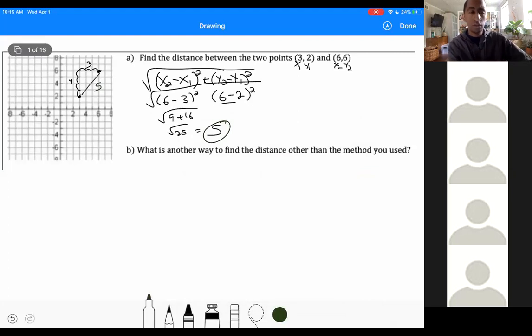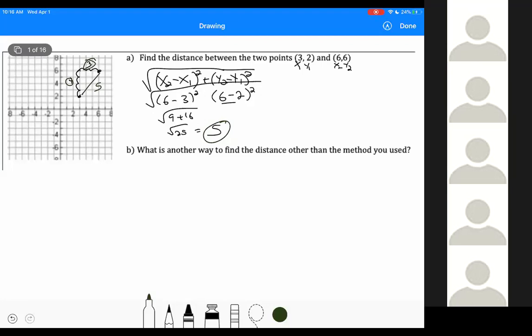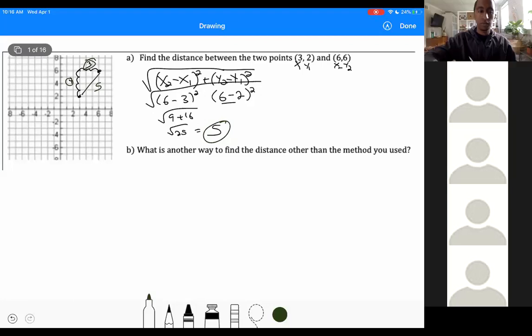So with the rise over run piece, Brianna, what did you do once you found that this was the 4 here and this was 3? Because that is the other way you could do it, is drawing that triangle. Okay, so she says 3, 4, 5 triangle, yeah.